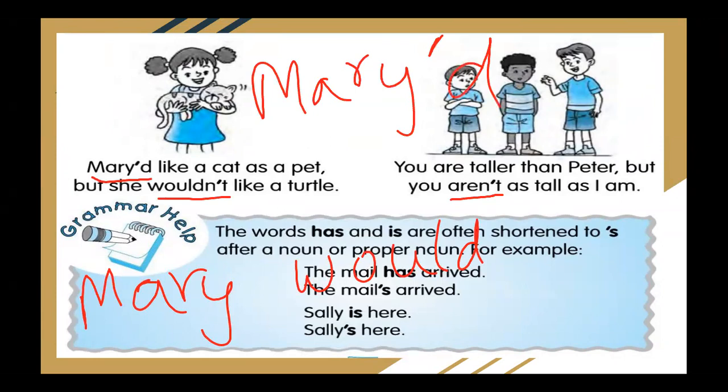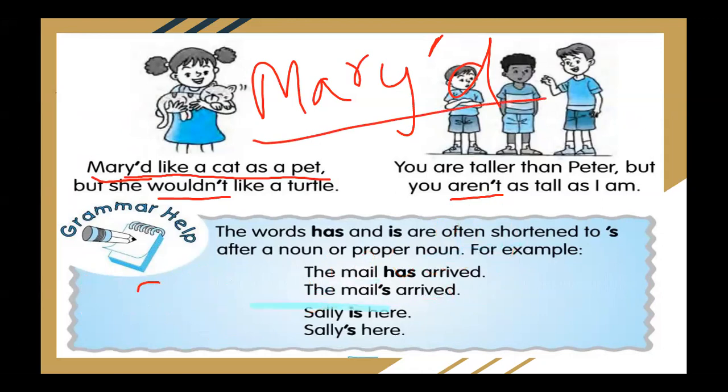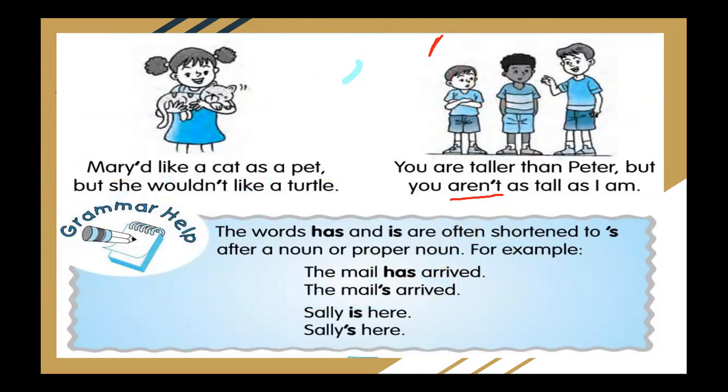We omitted everything, w-o-u-l. Only the d we have taken. Mary'd like a cat as a pet. Are you getting it? Here we replaced would with just d and made it one word. Mary would becomes Mary apostrophe d.